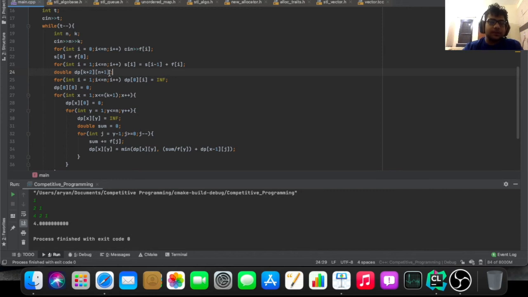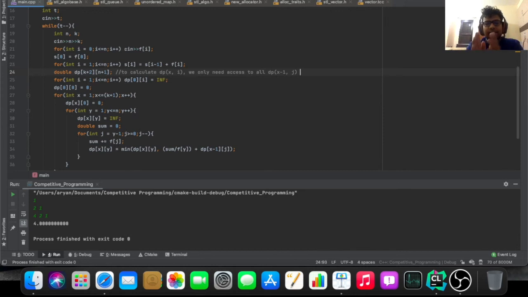Now let's actually implement the divide and conquer part. The important observation is that to calculate dp x y, or to calculate dp x i where i can be anything, we only need access to all dp x minus 1 j.